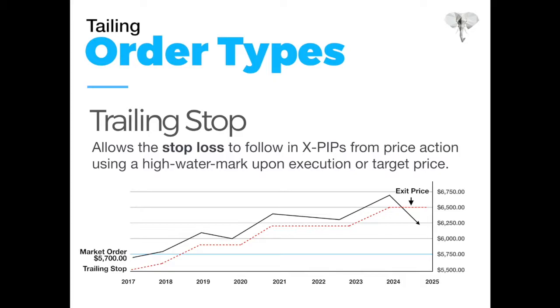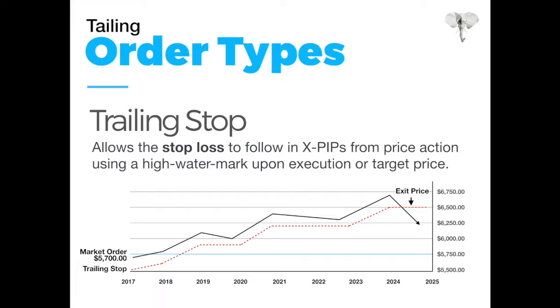And then a high watermark level means as the trailing stop moves upward, as we can see here on this red dotted line, once it hits a maximum high, it's going to go sideways. So it's not going to go down and follow price action exactly. It's only going to follow when price action goes up. So we can see here on the blue line, we made a market order at 5,700.